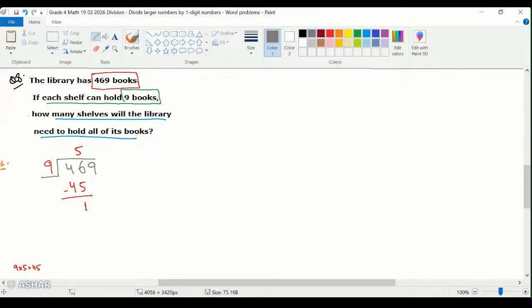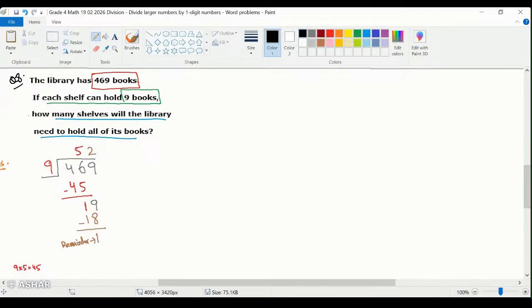This 9 comes down. 19 cannot be divided by 9, right? But a closer number would be 9 times 2 is 18, right? And we are left with 1. This one is called the remainder. Agreed?